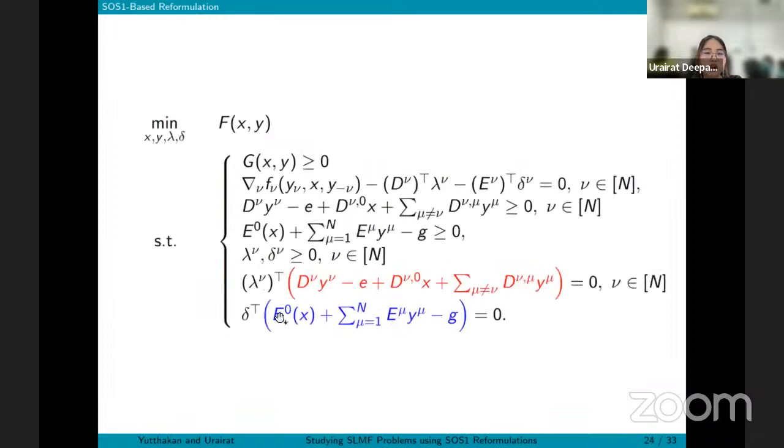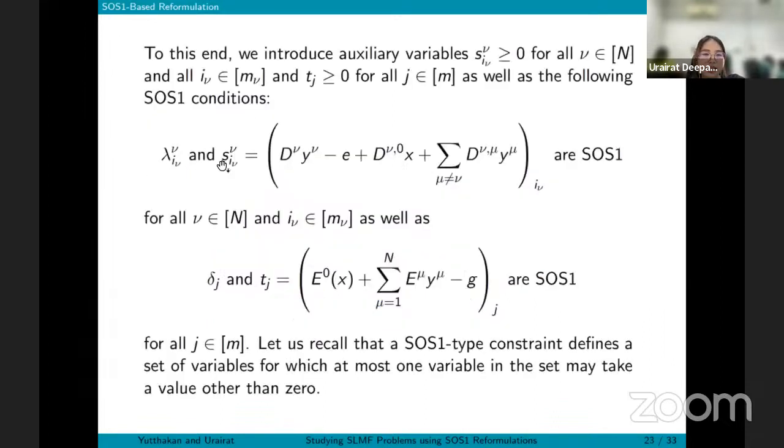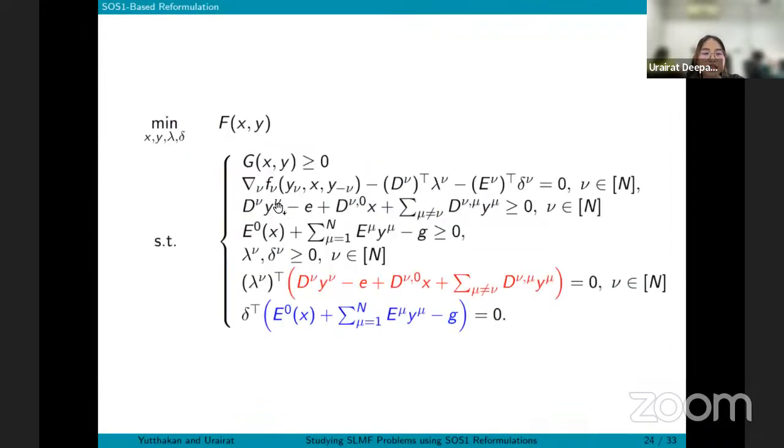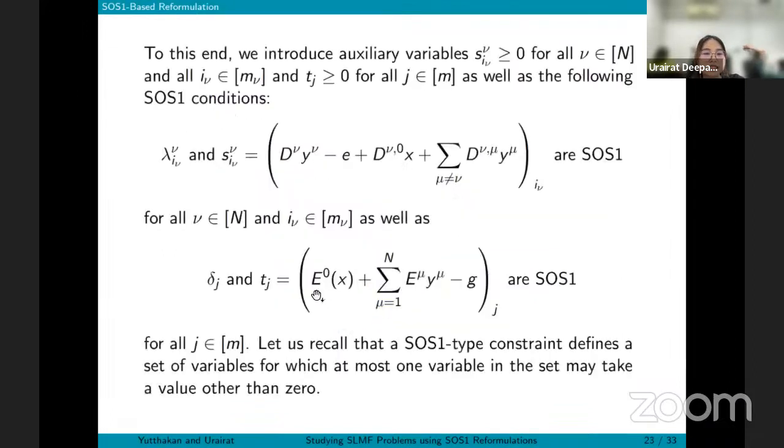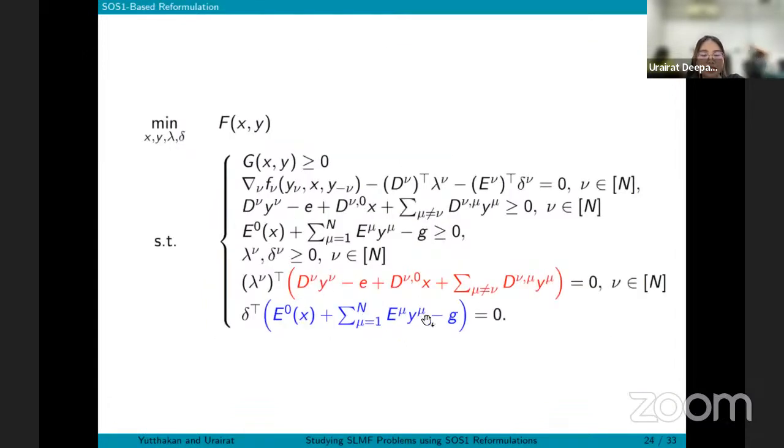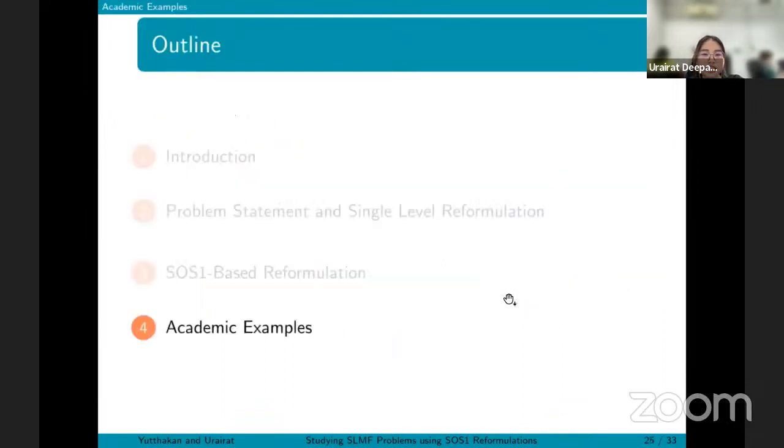You can see in the red text the S nu of I nu, and the blue text is the T_j. These are the slack variables, and with them we transform this. Okay, we explain it with an example.